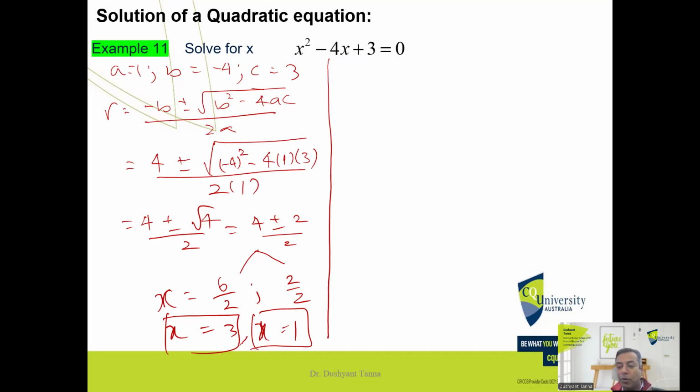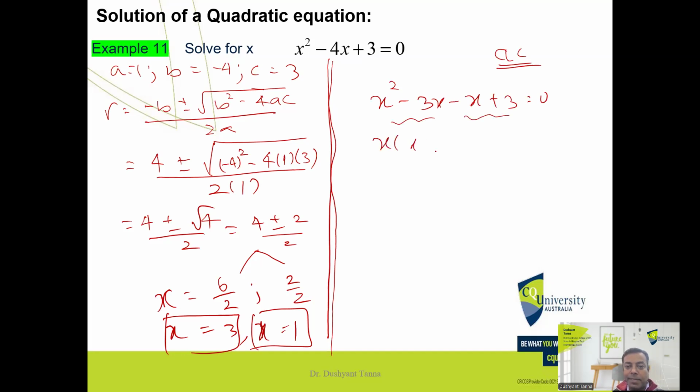Okay. Next, we follow another approach, the AC method. x squared minus 3x minus x. You could have gone for direct factorizing if you're confident, right? I am, but I'm just showing steps. x times x minus 3, minus 1 times x minus 3.